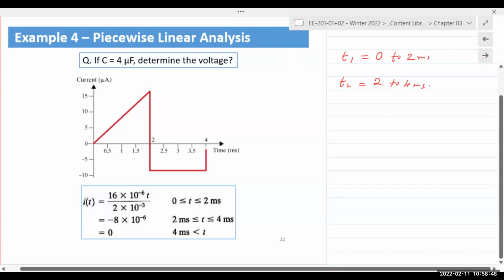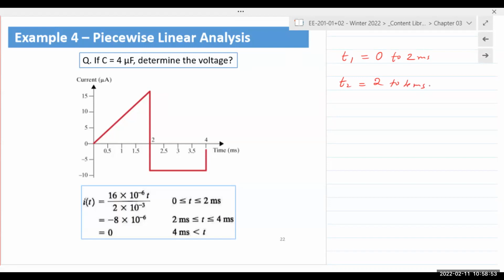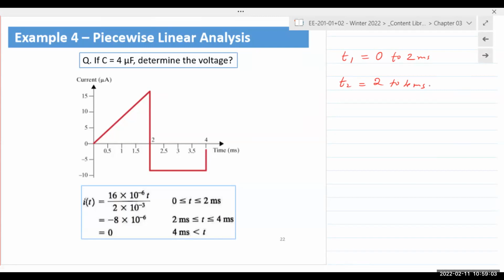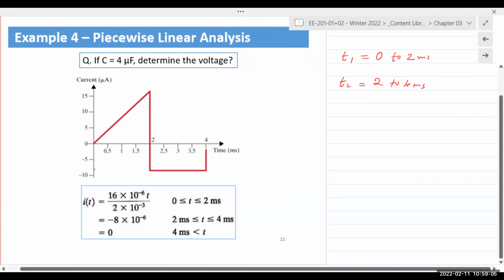Let's look at T2 first. It's a straight line, meaning it's a constant, right? So we don't need to describe it with any mathematical equation. It simply has a value. And it's not shown here, but it intersects at -8.